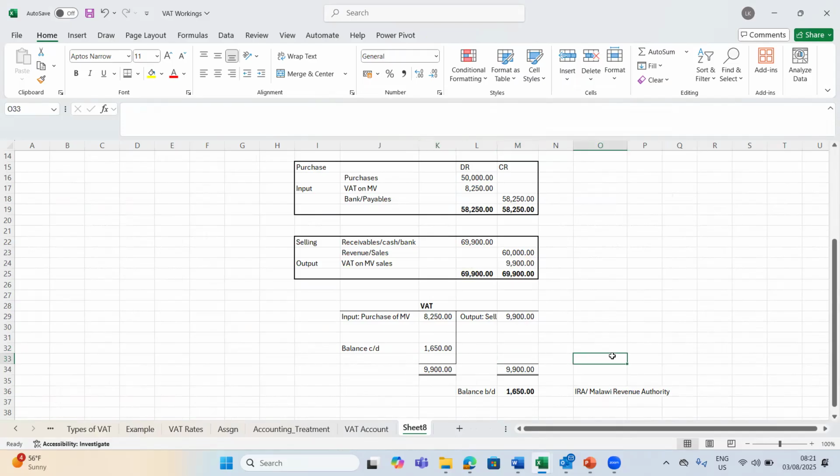The tax revenue collecting body. When the debit is more than the credit, that is the input VAT is more than the output VAT, you claim the difference from the what? From the IRA, or in our case in Malawi, the Malawi Revenue Authority.